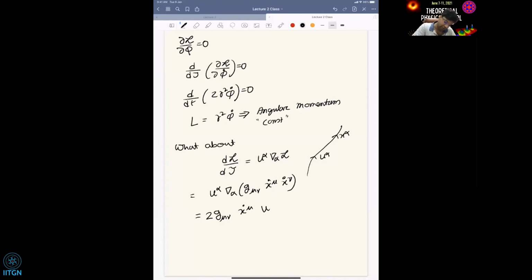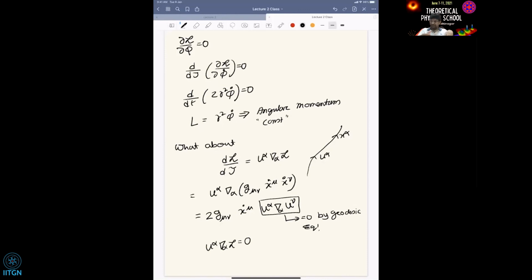Because u nu is x nu dot, the geodesic equation sets this quantity to 0. So what we have found is that u alpha del alpha Lagrangian is equal to 0. The value of the Lagrangian does not change when you move along the geodesic. This is a trivial conserved quantity.